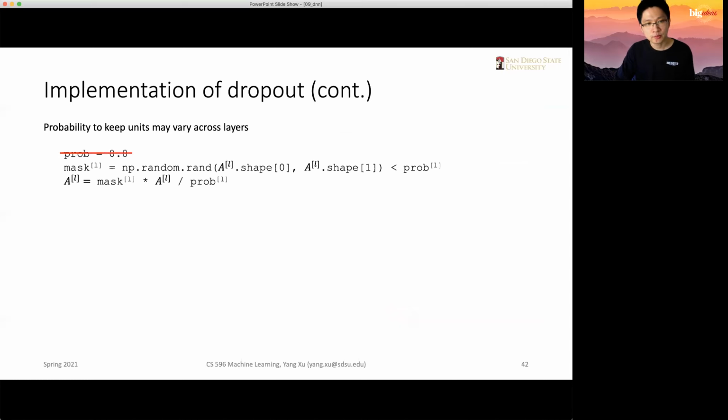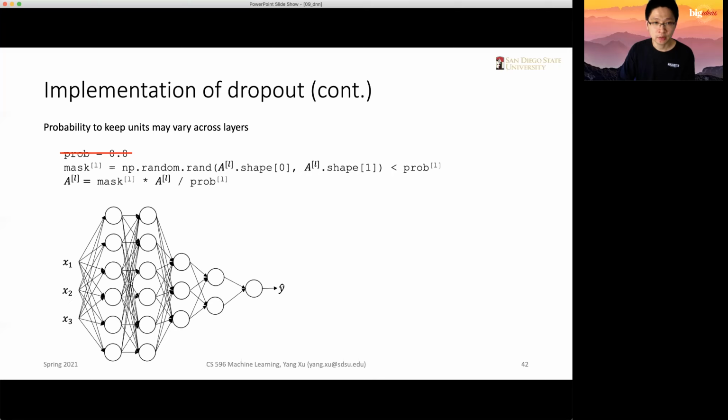Another detail about the probabilities is that we can set different dropout rates. These dropout rates can be different across layers. I think it's a very empirical setup. It depends on how the model looks, and we can have higher drop probabilities for layers 1 and 2, and maybe we don't have dropout at the later layers.